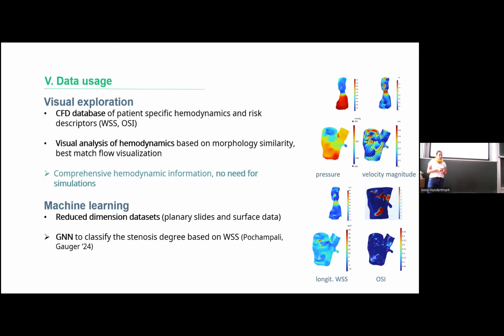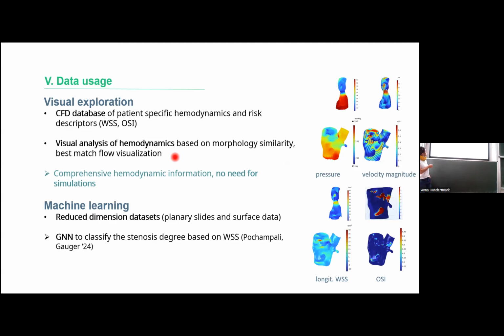What this means: we have a database of 150 cases, and the physician takes the current patient segment and then compares, and the Carotid Analyzer, or the extension of Carotid Analyzer, is now able to compute the 10 best matches based not only on the morphological similarity, but also on the stenosis degree and the radius change.